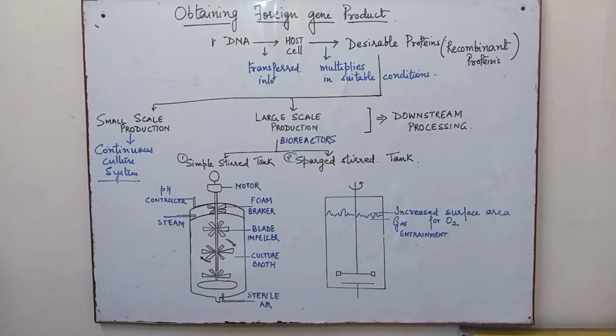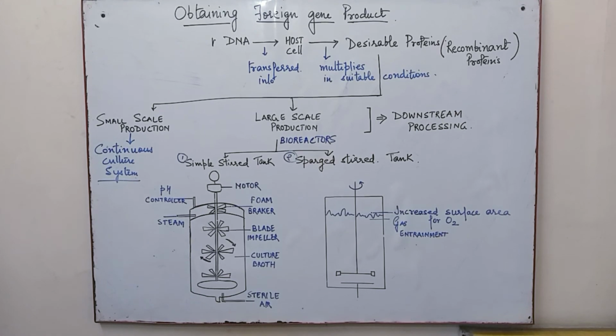Now, as compared to the sparged stirred bioreactors, simple stirred has less surface area over here, and also there is absence of oxygen bubbles. Anyways, both the bioreactors are utilized for large scale production, and definitely the sparged stirred tank is more efficient in large scale production.